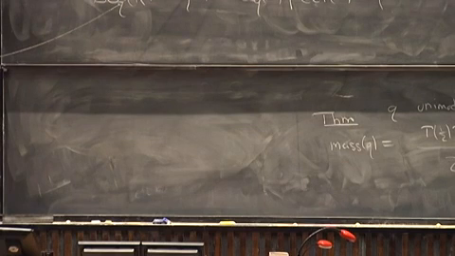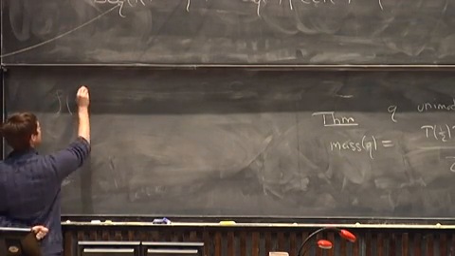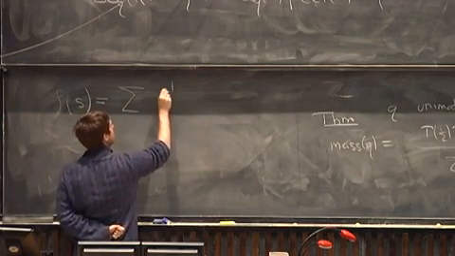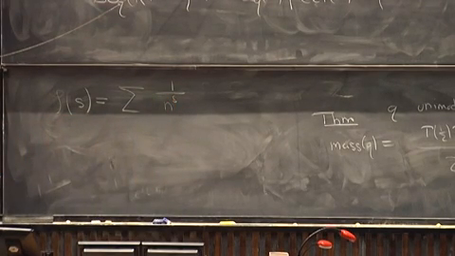So let me remind you what the Riemann zeta function is. This can be defined as the infinite sum of 1 over n to the s.